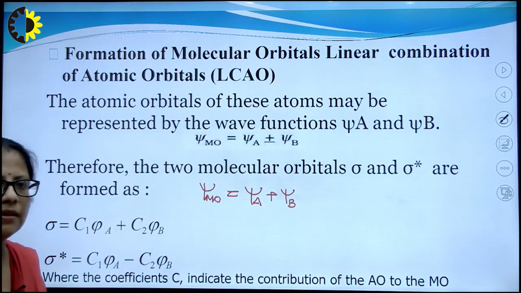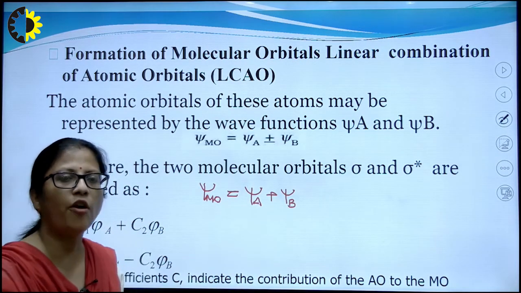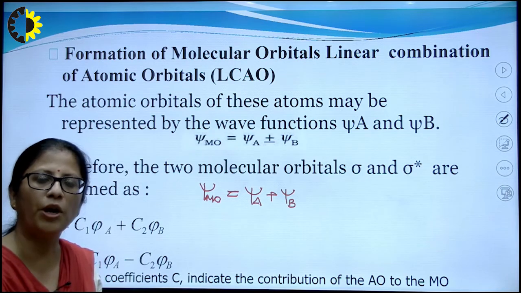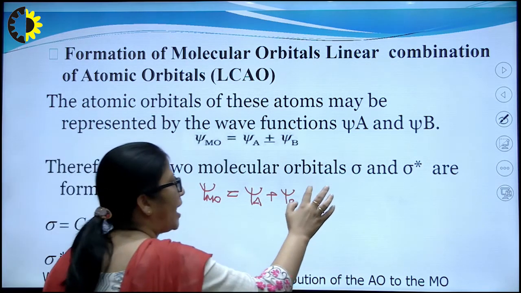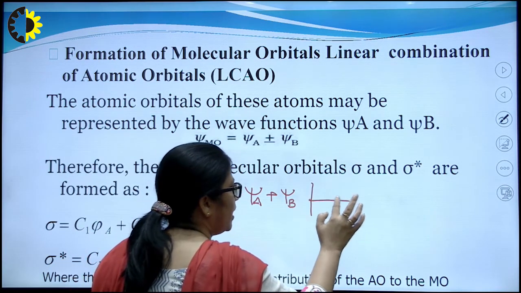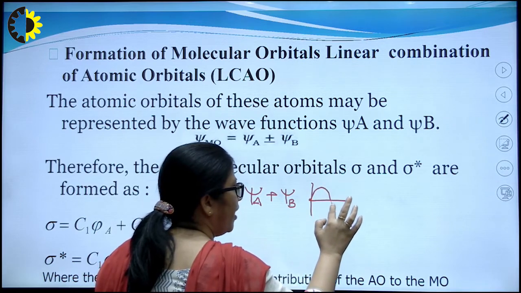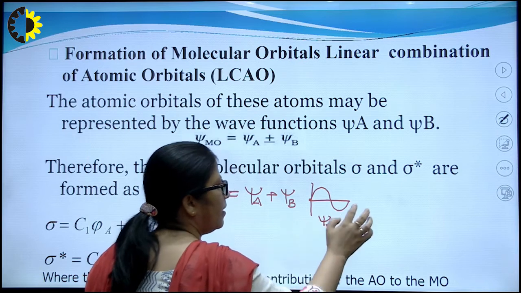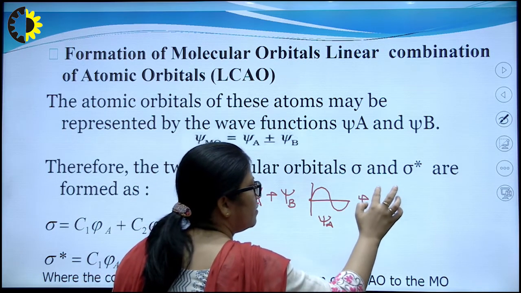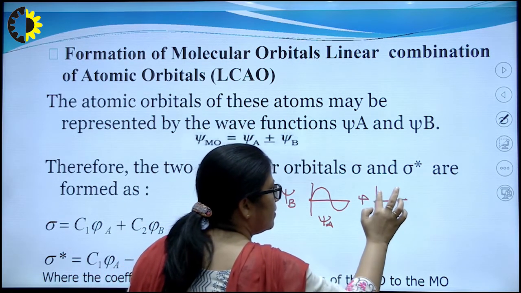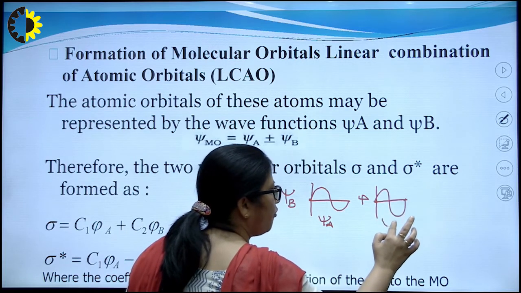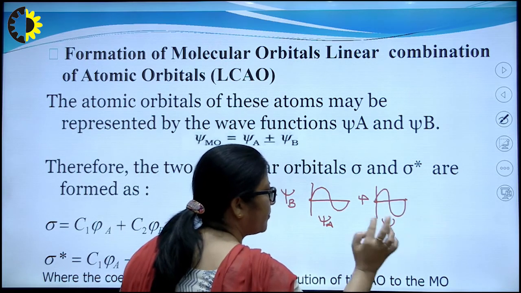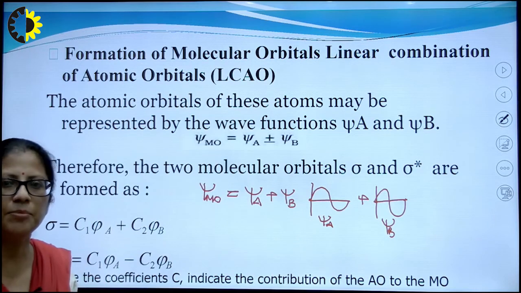That is, the wave functions of psi A and psi B are going to be the same sign, or diagrammatically they can be shown. If this is the wave function for psi A, then this is the wave function for psi B. That is, they are of the same sign.